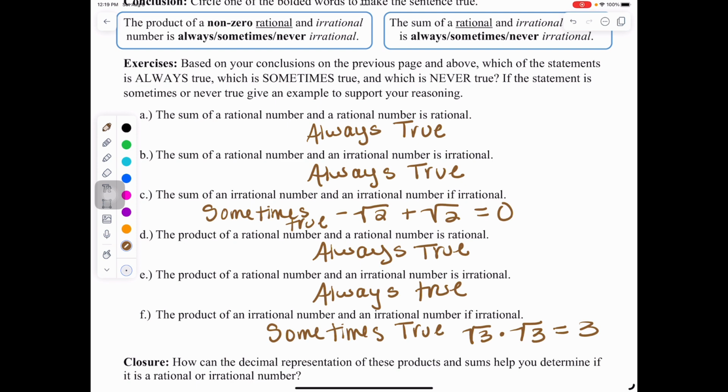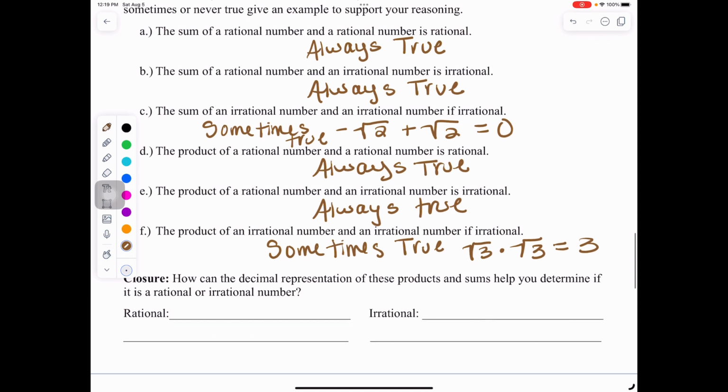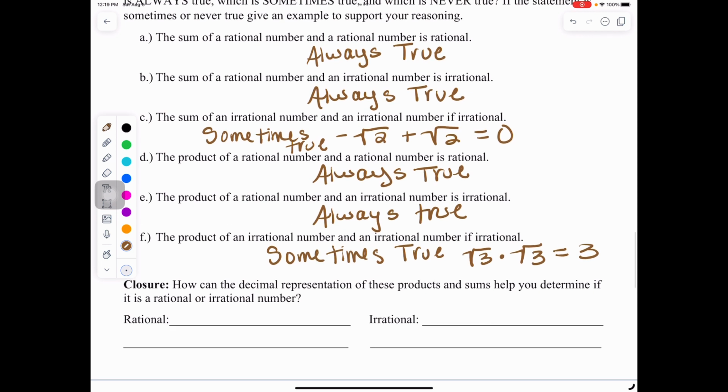It's actually rational. So to finish, I would like you to complete the closure question. How can the decimal representation of these products and sums help you determine if it is rational or irrational? So at this time, pause the video, fill in your answer, and then resume to check.